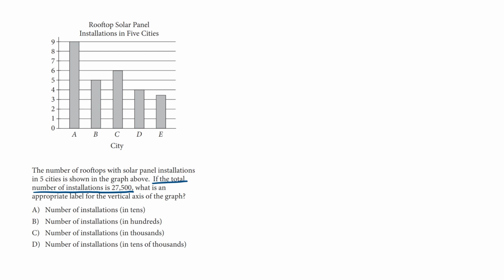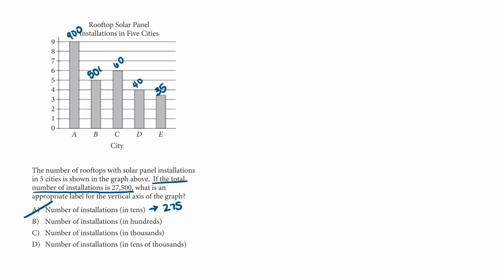Well, if these are all in tens, that would mean this is 90, this is 50, this is 60, this is 40, and this is 35. And if we add all of that together, we would get 275. So that's definitely not right. So we know it's not in tens.